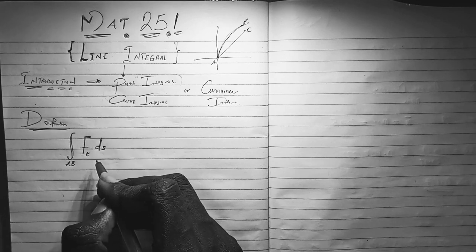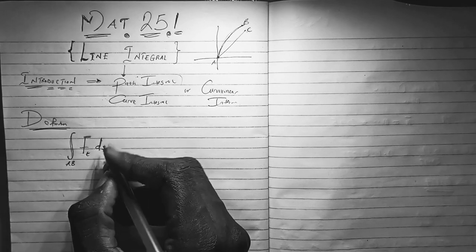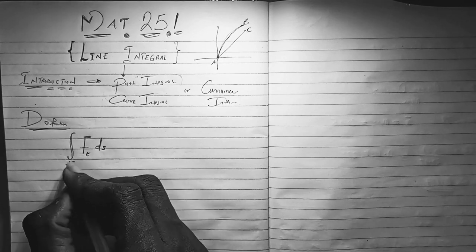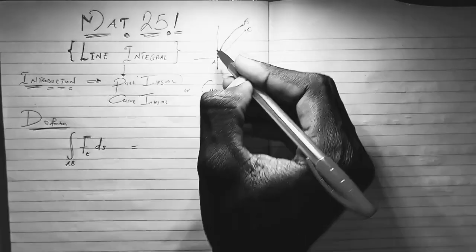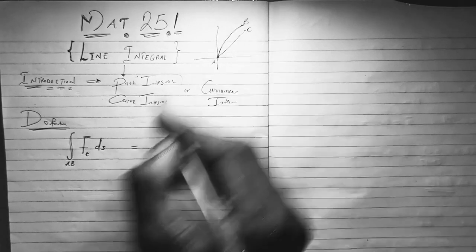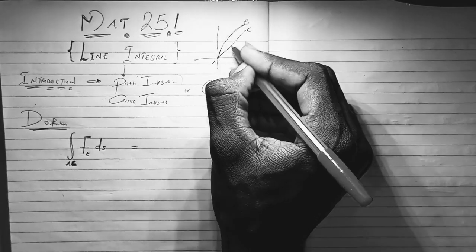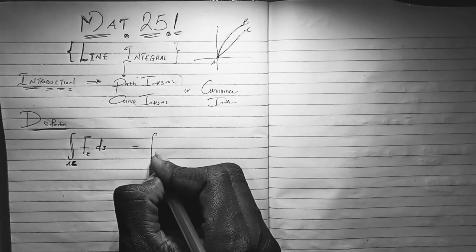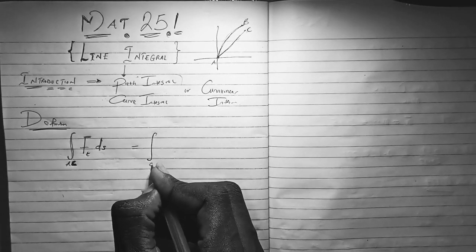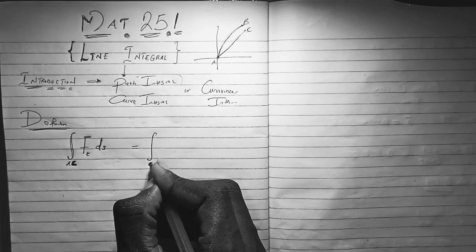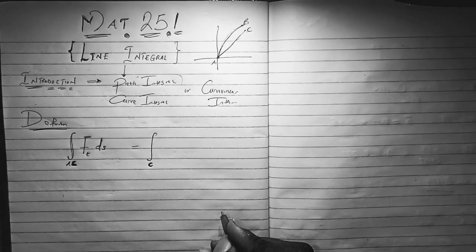Considering this particular formula, if it's not a straight line, let's say this is along line AC, but if it is not a straight line, we can decide to state it as along a curve, along a path C. Do you understand that?